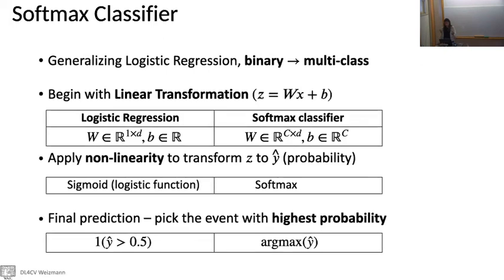And now we're given a vector of probabilities, and we don't have only one value, so we cannot just distinguish whether this is greater than or equal to half. We just want to take the class that has the highest probability. So we're going to take the argmax of these probability vectors.